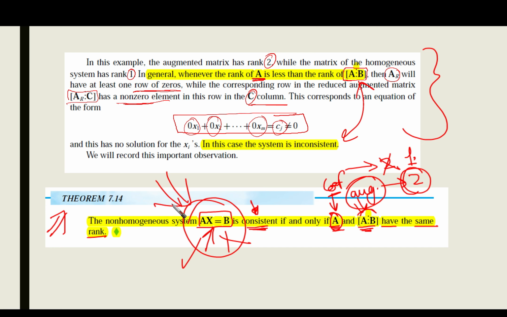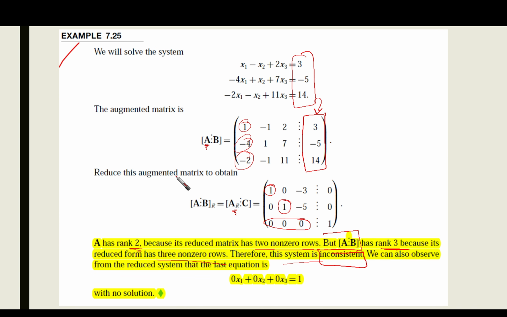Okay, now let's see how we can understand it more using equations. We will solve this system. As you can see here, we have a system with x1, x2 and x3, and there is a right hand side, which is b.